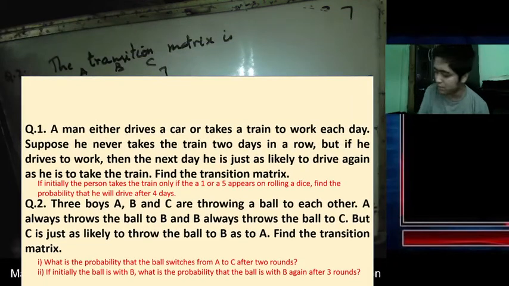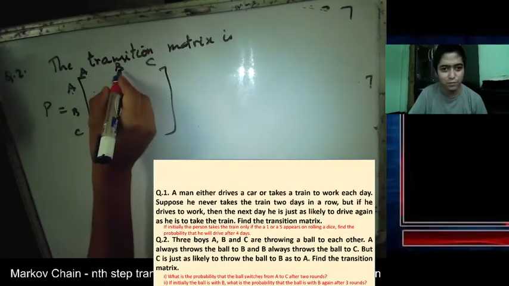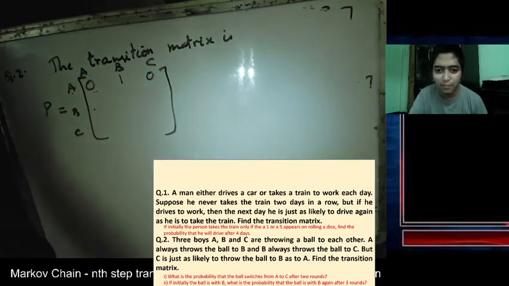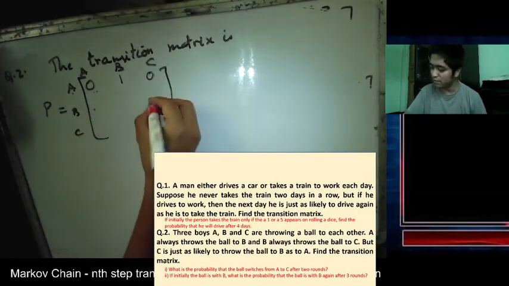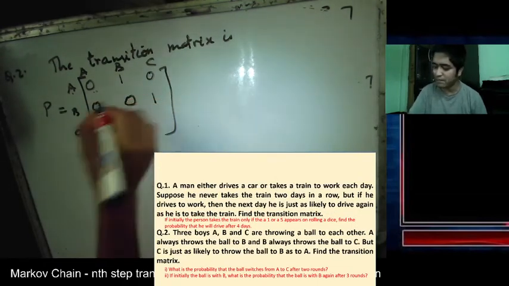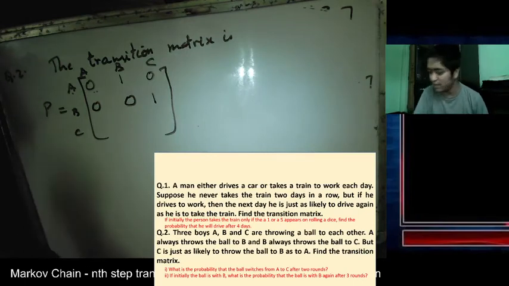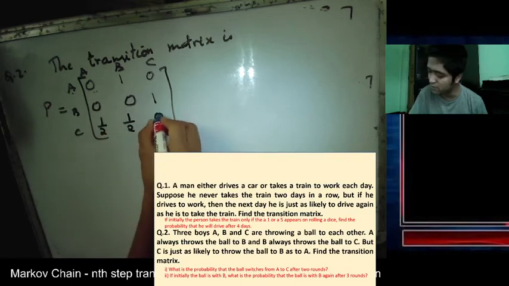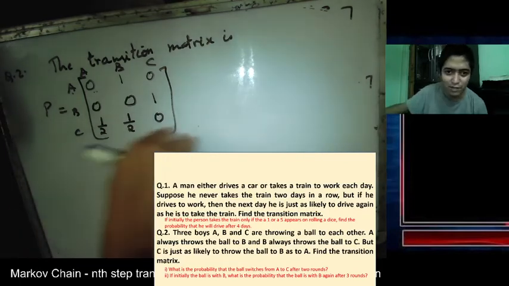A always throws the ball to B, so you'll have 0, 1, 0. B always throws to C, so 0, 0, 1. And C is just as likely to throw the ball to B and to A: 1 by 2, 1 by 2, 0. So it's equal, and the sum should be equal to 1.